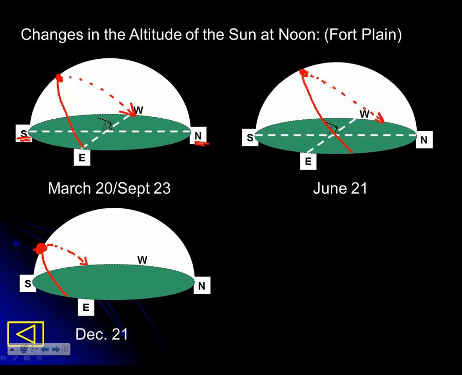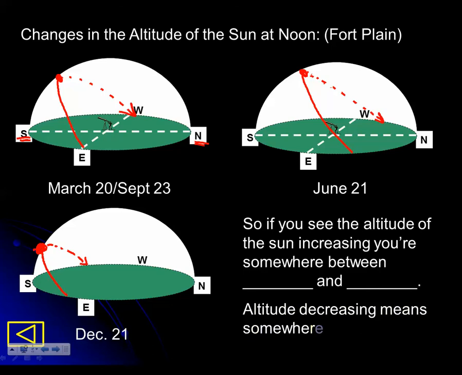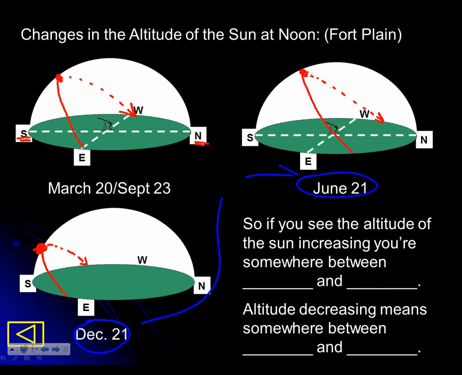So you have to be able to draw these pictures and interpret them, and also to realize that if you see the sun getting higher in the sky day after day after day, you must be somewhere between December 21st and June 21st.